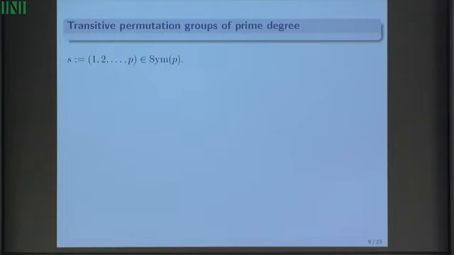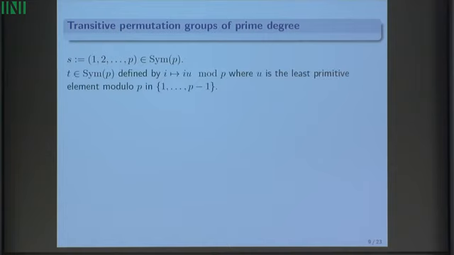Okay, so pick a favourite p-cycle, S, this notation for the rest of the talk, and a normalising element T of order p minus 1. Okay, so a transitive subgroup of the symmetric group. We can assume it contains S without loss of generality. Remember, we're only classifying things up to conjugacy.